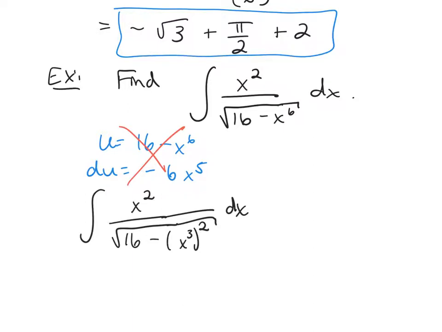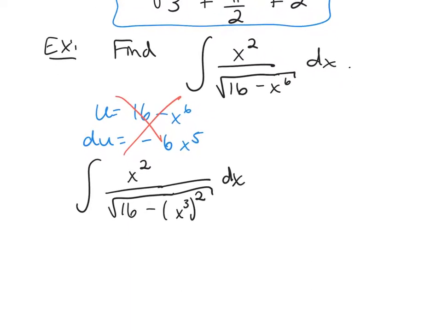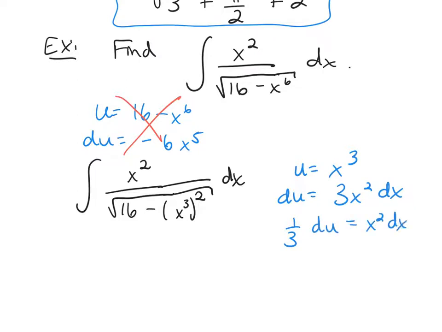And from here, I can now do my substitution. My u would be x cubed, my du would be 3x squared. So I need a 1/3. And I'm ready to make my substitution here.